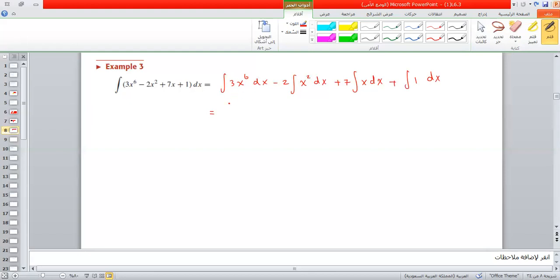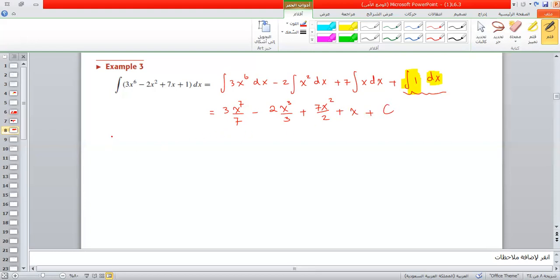It will give 3x to the power of 7 over 7, minus 2x to the power of 3 over 3, plus 7x squared over 2, plus the integral of 1, or the integral of dx only, which is x. If it's 9, 9x. If it's 10, 10x. Then plus what? The c.